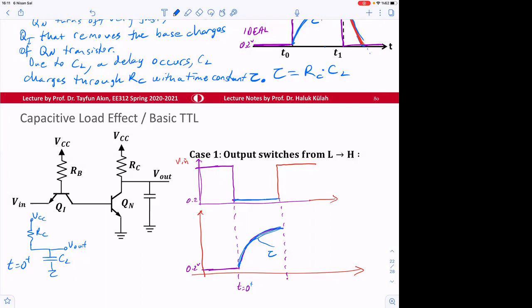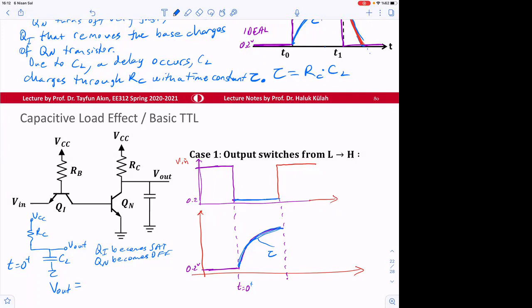So QI becomes SAT, and then QN becomes off. Okay, so if you look at the time analysis for this one, V out will be equal to, in that period, in that increased time, what was the equation for this?